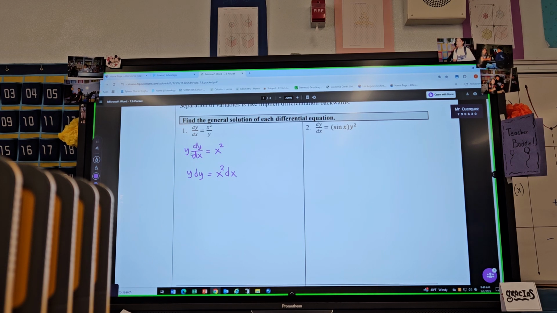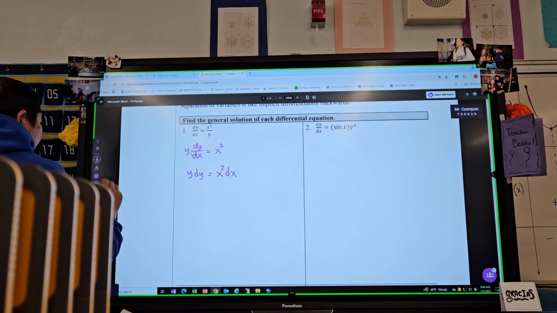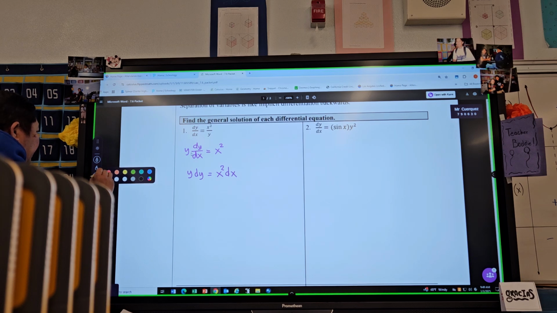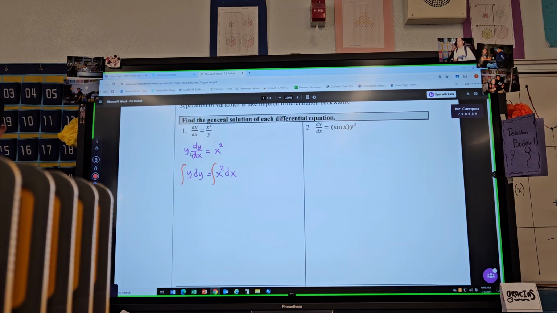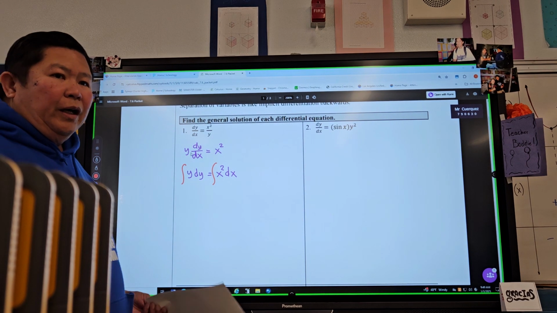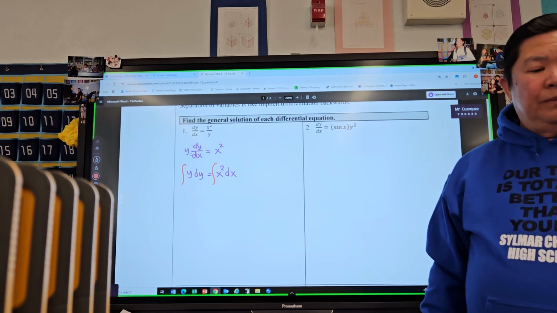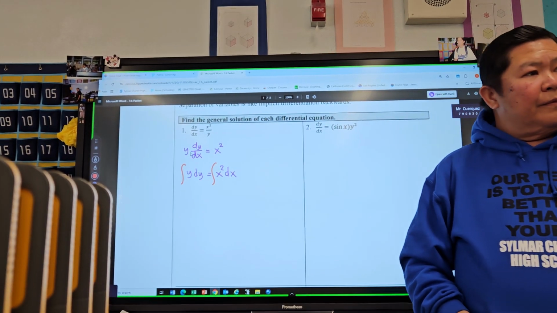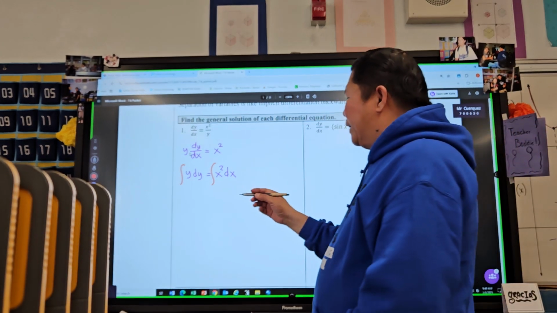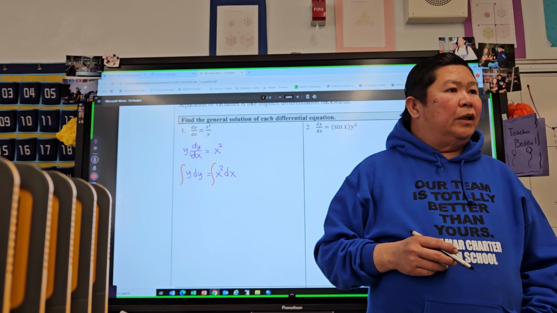So after that, after we separate, then we now introduce integral sign. That means both sides we take the integral. Do you get me? That's the next step. After we separate, we now write down the integration symbol. So in this case, we can now integrate. Okay? So, do the antiderivative of y dy, that means y square over 2.